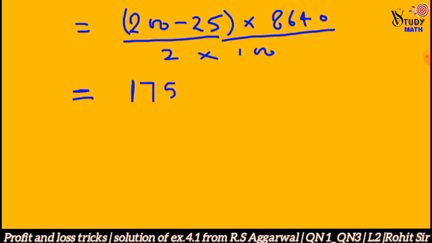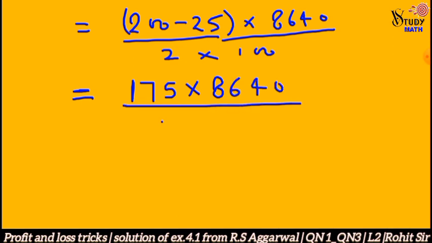Now we have 175 going to multiply 8640 upon 2 into 100. Here this 0 cuts this one. 2 1s are 2 and 2 4s are 8, 2 3s are 6 and 2 2s are 4. 2 cuts 864 432 times. Now 5 2s are 10, and now cut 175 by 5.